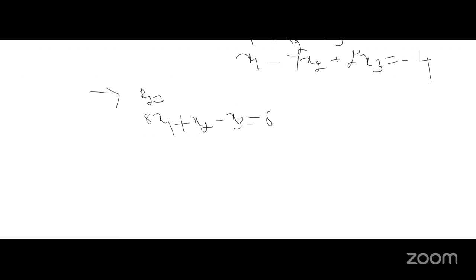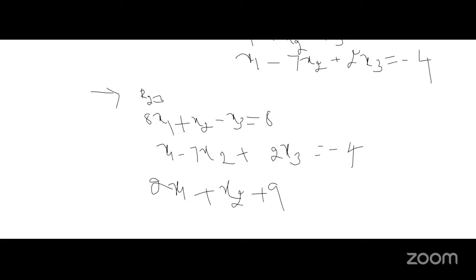Next, x1 minus 7x2 plus 2x3 equal to minus 4. Next, 2x1 plus x2 plus 9x3 equal to 12.